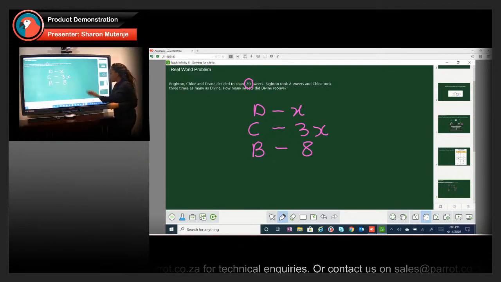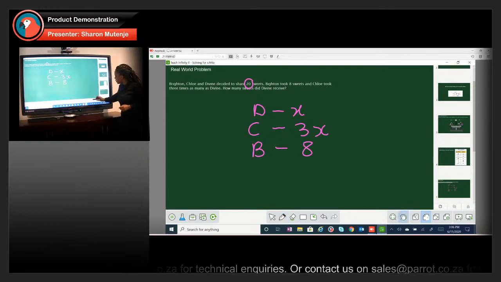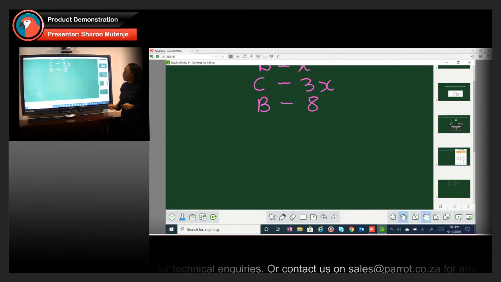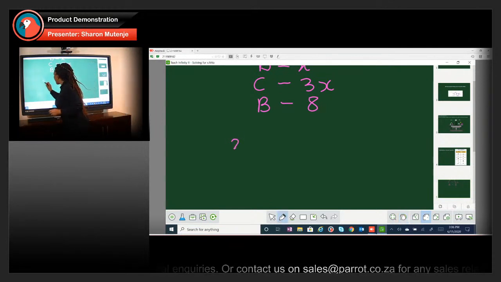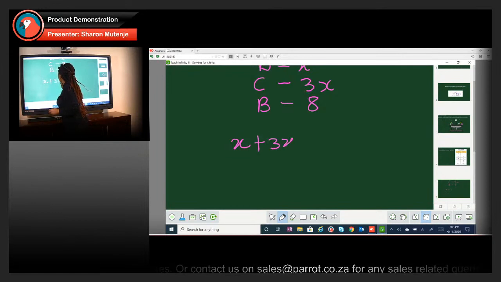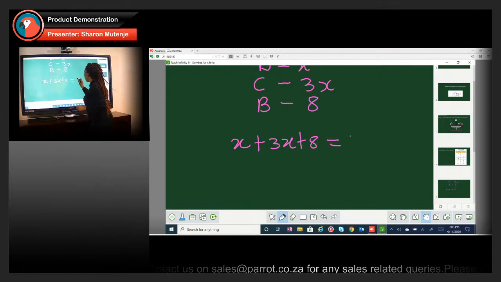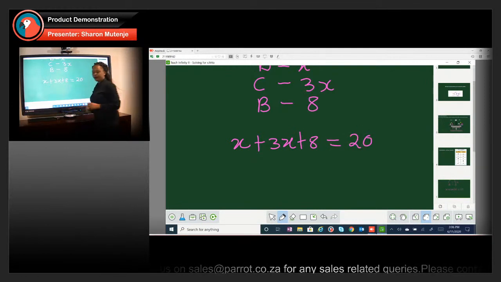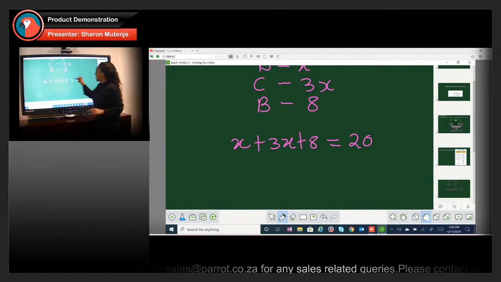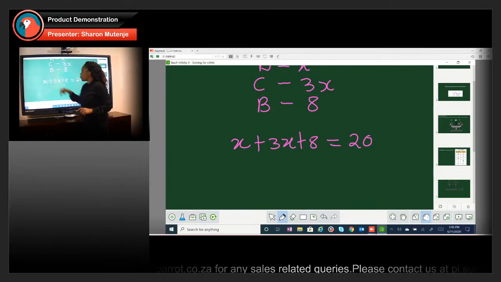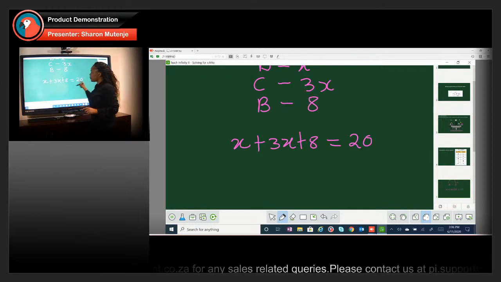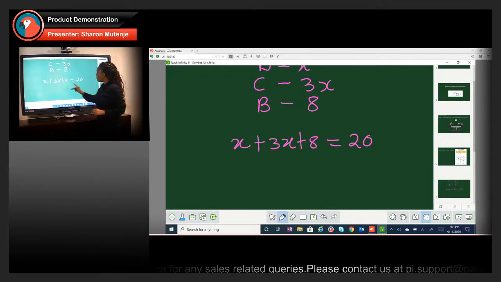Let me just have more space on the page so that we can continue there. So Divine's share plus Chloe's share plus Brighton's share should all be equal to 20. This is where I can find out what exactly Divine's share was by solving this equation.